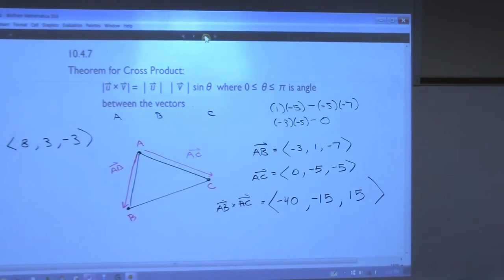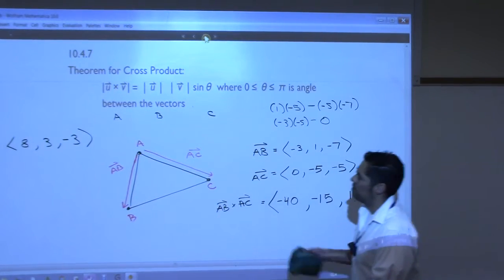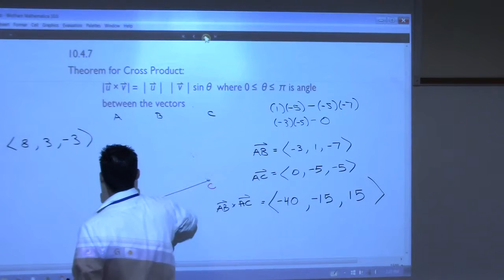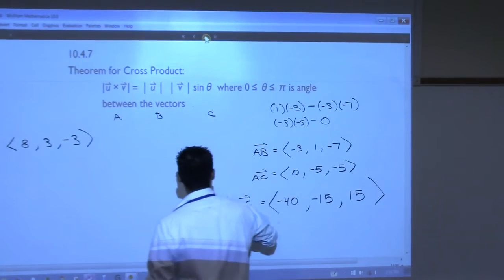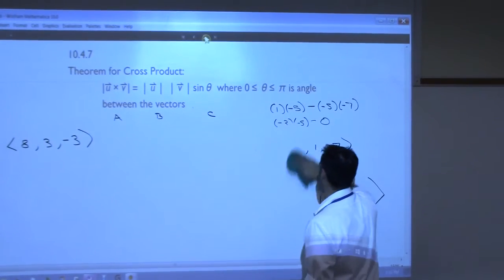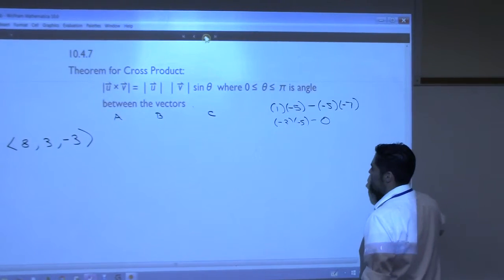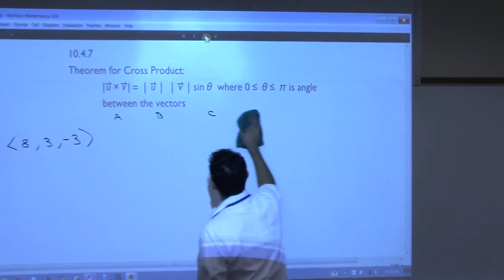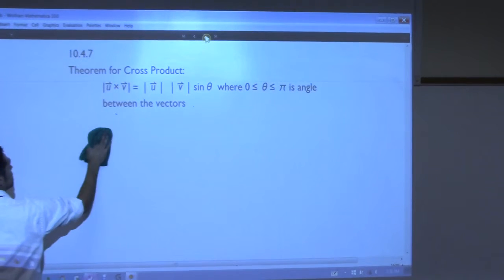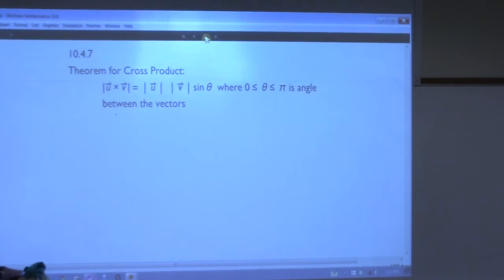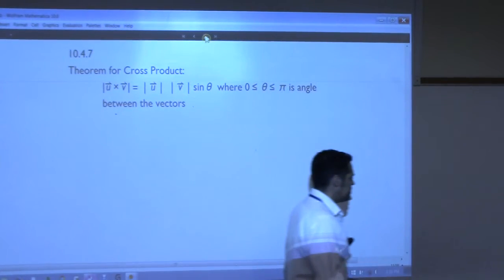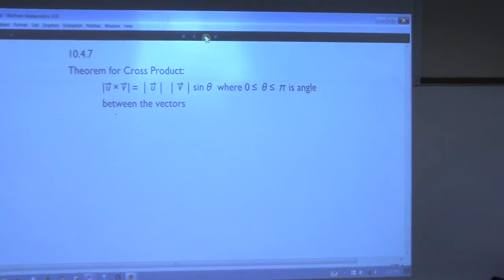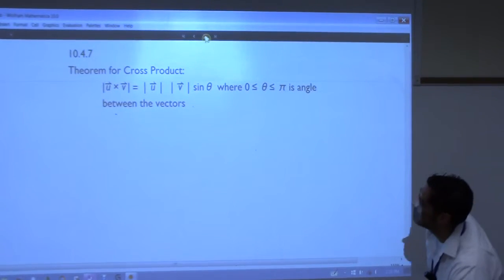All right, do you remember there was a theorem for the dot product? That the dot product of u and v was the magnitude of u times the magnitude of v times the cosine of the angle between them, right? Well, there's a similar theorem for the cross product. It's very similar, except what are the differences?